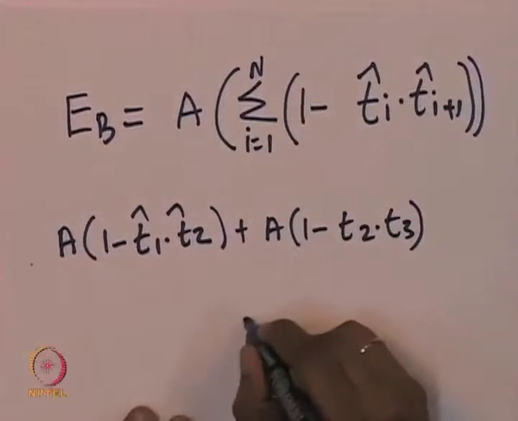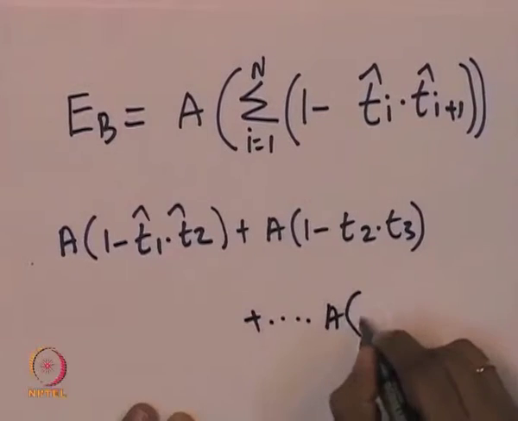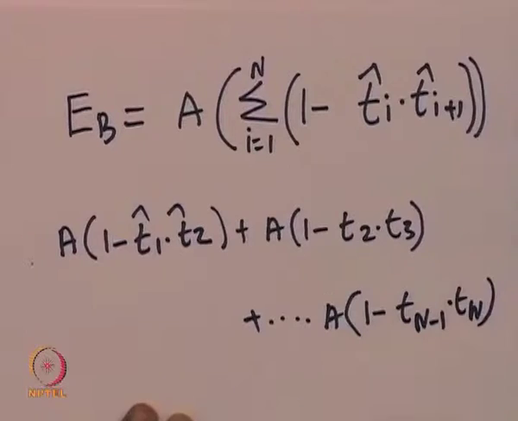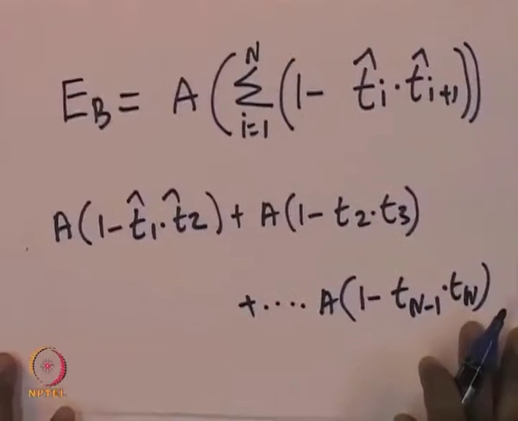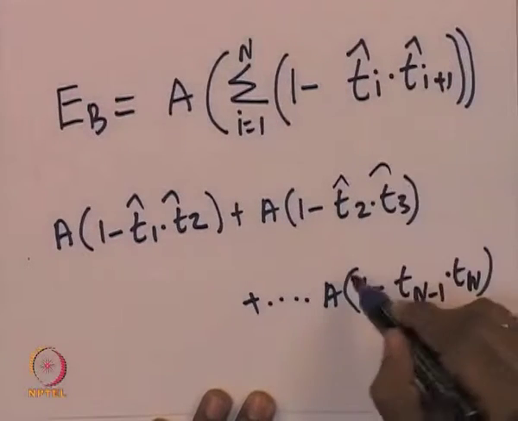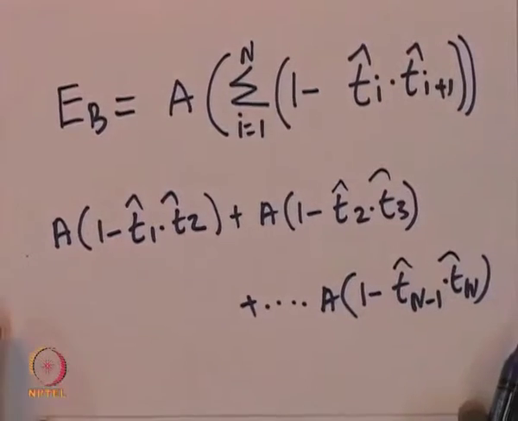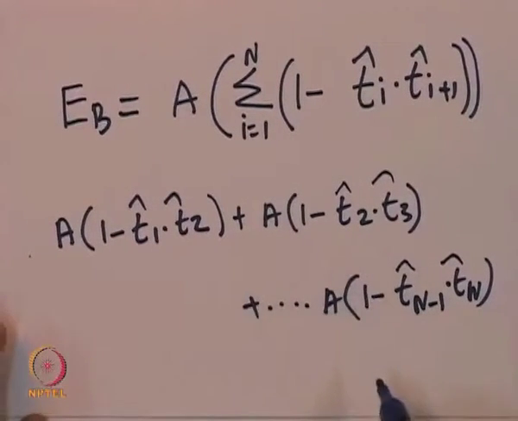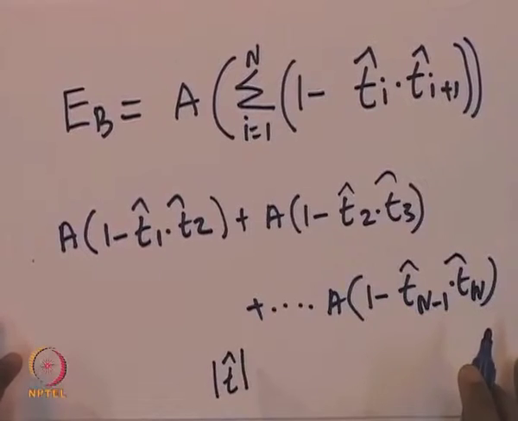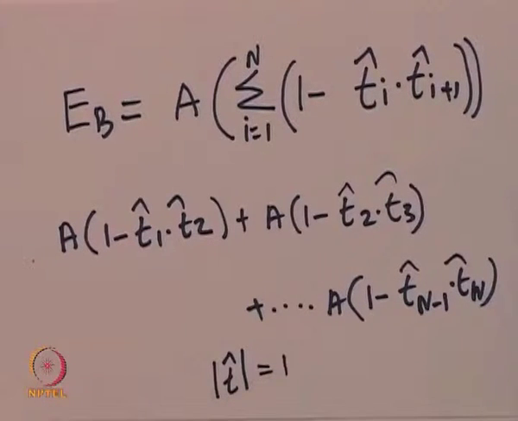If there are many, there will be plus dot dot dot, A times (1 minus T_(n-1) dot T_n). So, this is the bending energy. The only interaction here is the bending interaction, and this is the bending energy of a double stranded DNA which has n tangent vectors, each of them a unit vector. So, mod T is 1, that means we take all these vectors as unit vectors.